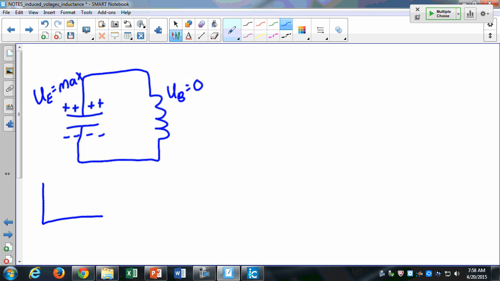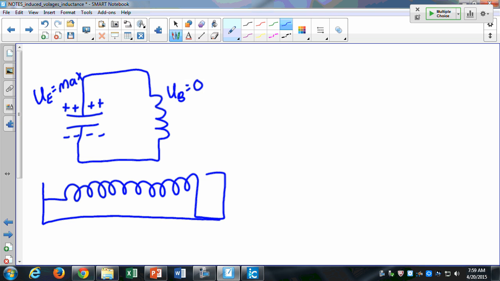If I have a spring that is fully extended, this is the equilibrium position, x equals 0, and out here it has v equals 0. So this spring has max PE and no kinetic energy. In a similar way, we can think about the inductor.